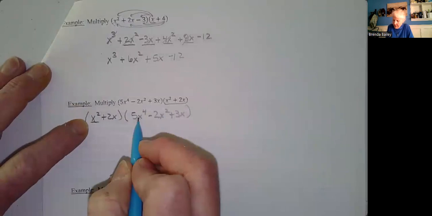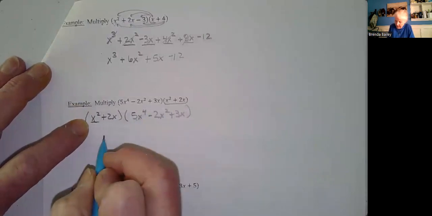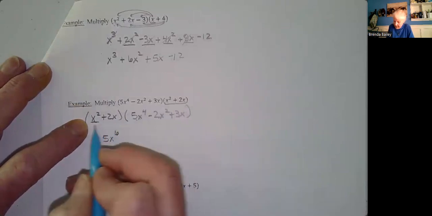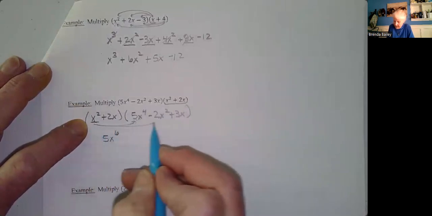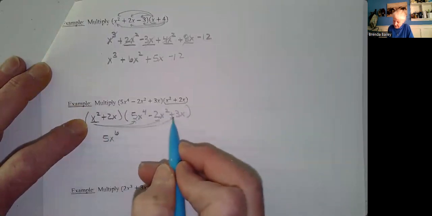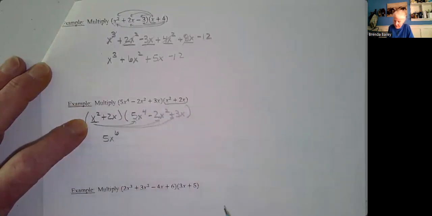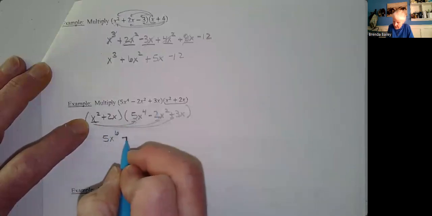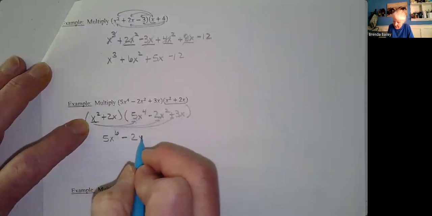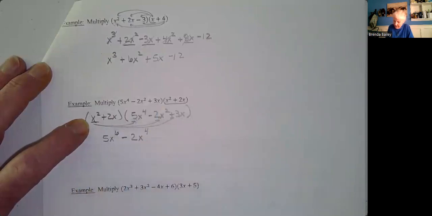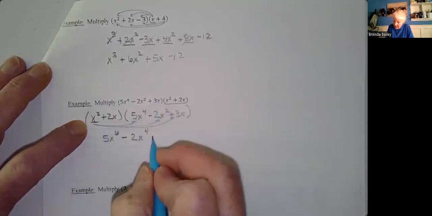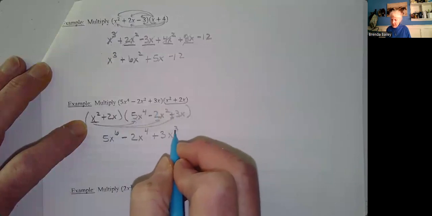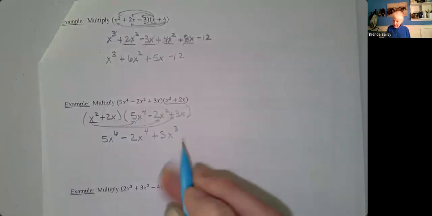X squared times 5x to the 4th is 5x to the 6th. I'm multiplying. I'm taking this times this, and this times this, times this. So I'm adding exponents. X squared times a minus 2 is a minus 2x to the 4th, adding exponents. X squared times a positive 3 is a positive 3x to the 3rd, adding exponents, knowing there's a 1 there.